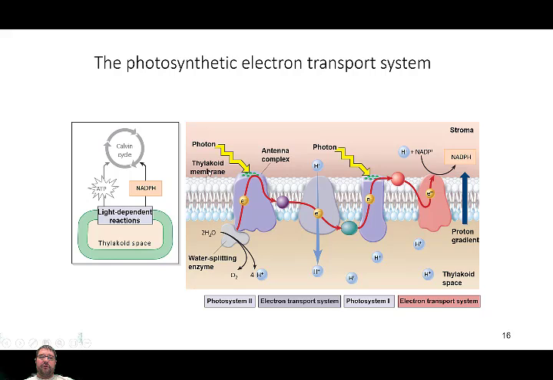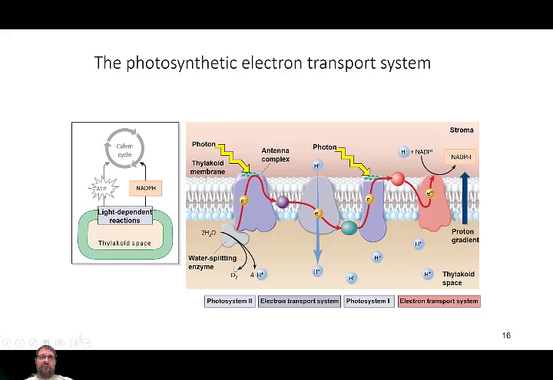That thylakoid membrane has proteins bound inside that membrane. And some of those proteins are antenna complexes, which allow them to capture photons. So they would have molecules like chlorophyll, carotenoids, xanthophylls, pigment molecules that can capture light energy. Also, they're going to house an electron in the reaction center. Water is going to be split so that electron can be donated to that reaction center.